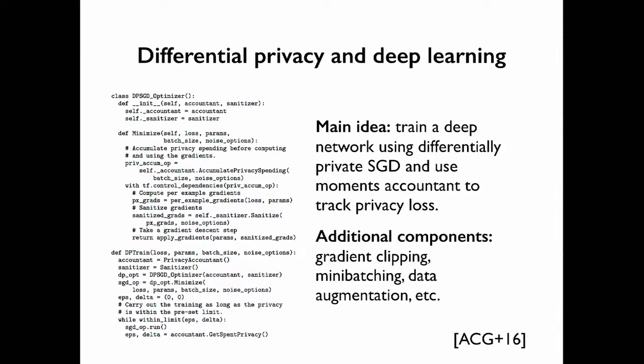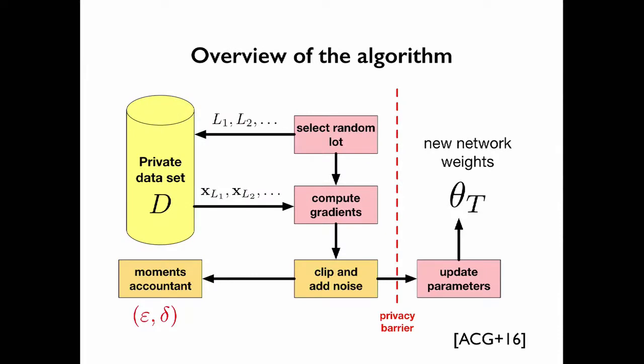Okay? So here is what the algorithm looks like. You have a private data set D, and the algorithm selects a random lot, which is essentially a group of samples, and then subsamples batches from this lot to compute the gradient. I don't want to go into the details of how exactly this was done, but they had these lots, and then they would subsample to compute the gradients.